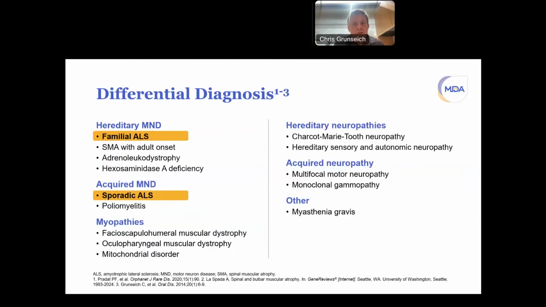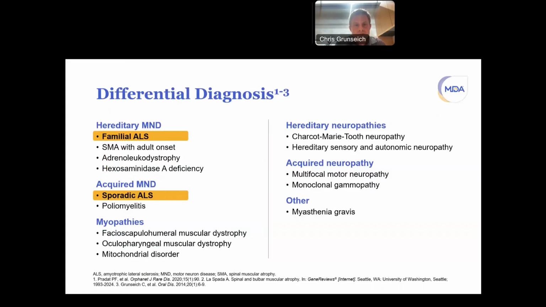In the differential diagnosis of SBMA, there are other neuromuscular diseases that can be considered, other hereditary motor neuron diseases, such as spinal muscular atrophy with adult onset. SMA is usually a disease that affects children, but we can see presentation initially as adults.